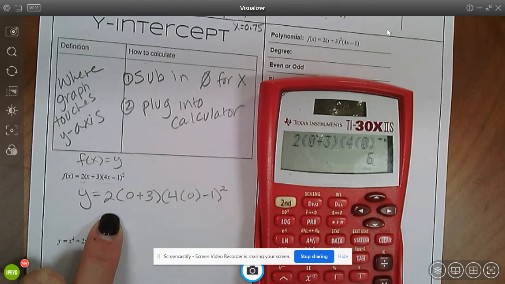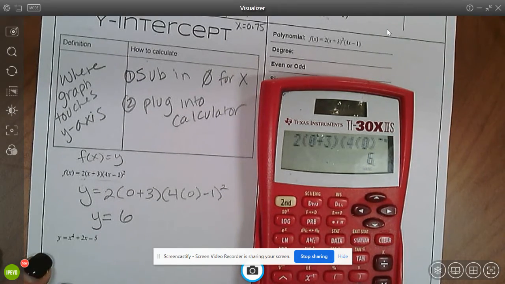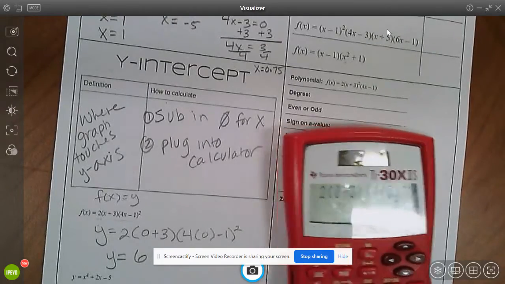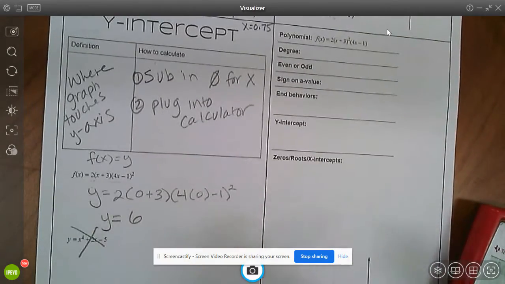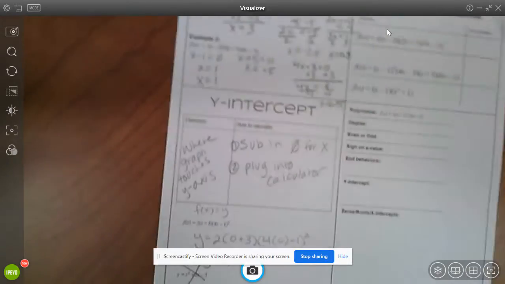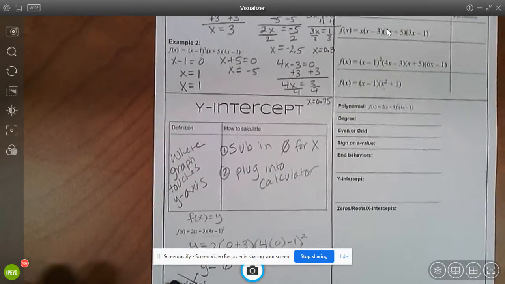And when I hit equals, I get y equals 6. So now you know how to find the x-intercept and the y-intercept. We're just going to skip this example, but you have all the points that you would need to put on your graph if you were to get ready to sketch your x-intercepts and your y-intercepts.